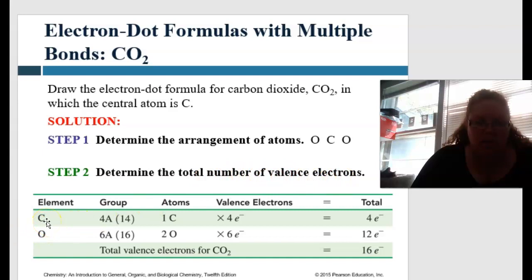Our carbon has 4 electrons, and then our oxygen has 6 electrons. We have 2 of them, so that ends up giving us 12 electrons, because 6 times 2 is 12. You add 4 plus 12, and that ends up giving us 16 valence electrons for the CO2 formula.